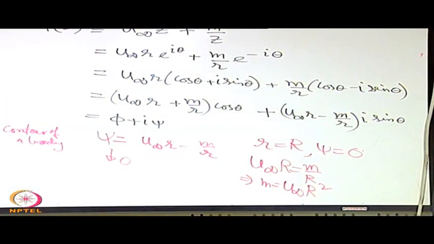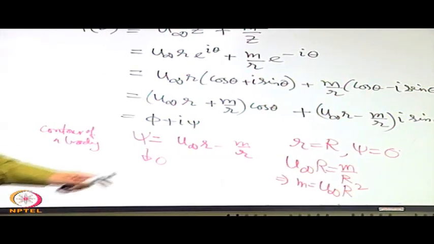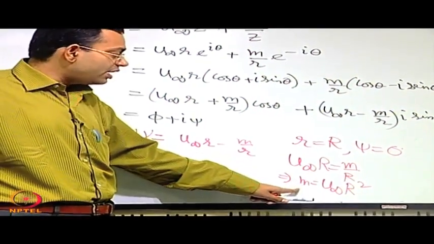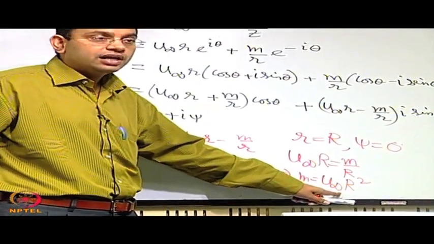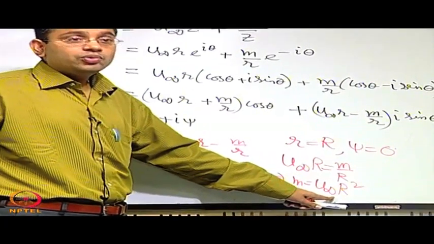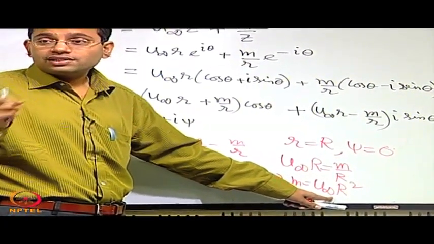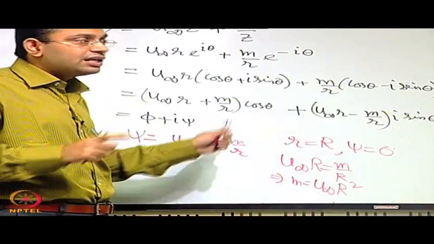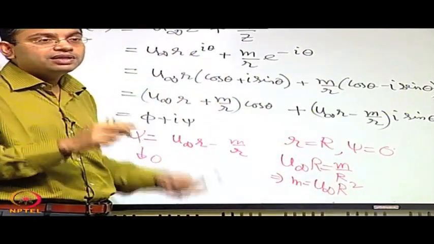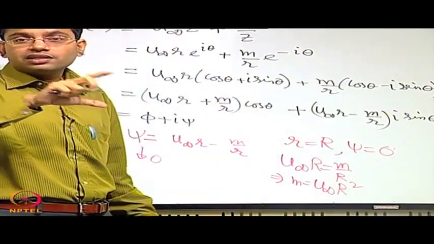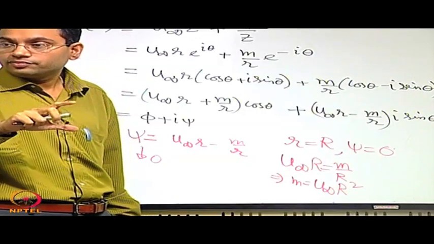What is the implication? The implication is very interesting. If you choose the strength of your doublet as u infinity into some radius square, then you represent a particular flow. What is the flow? The flow in the plane is like past a circular body, that means in a 3-dimensional sense it is flow past a circular cylinder.